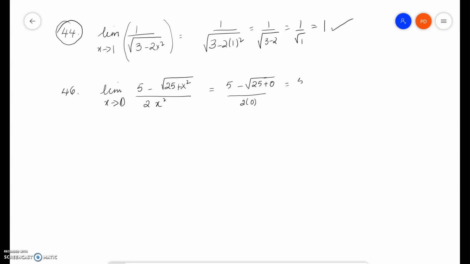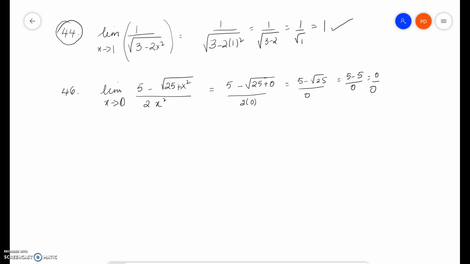So in the numerator we have 5 minus radical 25 over 0. 5 minus 5, because the square root of 25 is 5, and that's 0 over 0. So obviously substitution hasn't worked, but if you have a 0 over 0, we still have hope that we'll be able to find a limit.